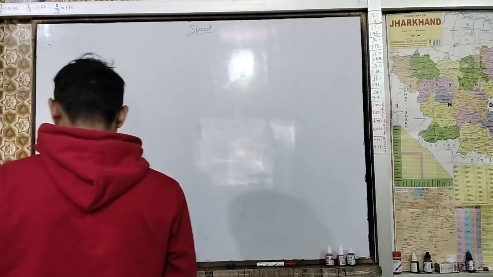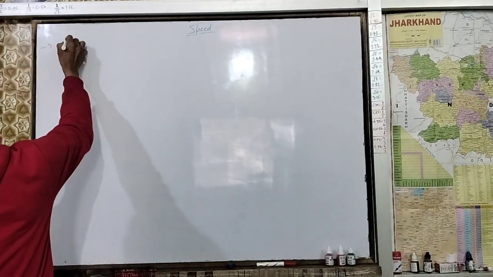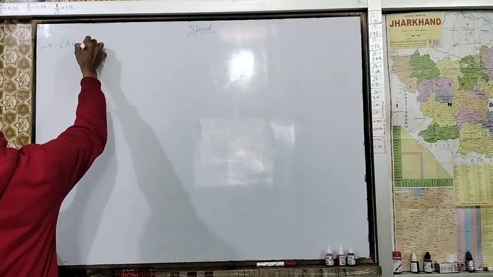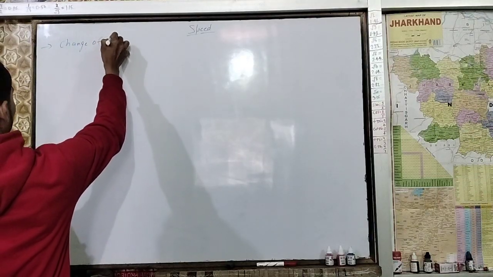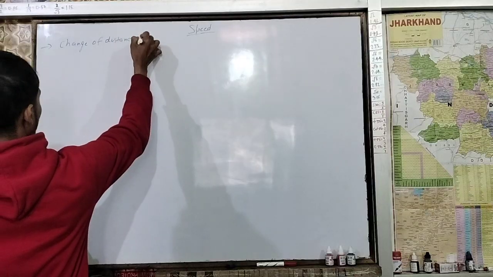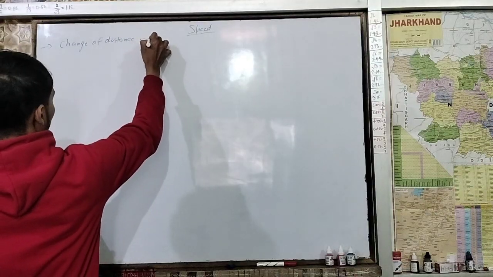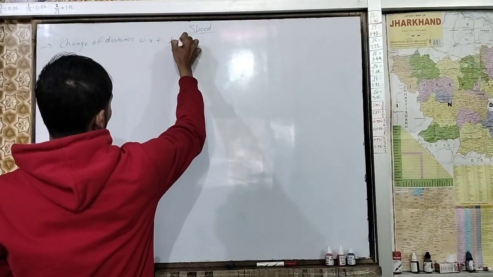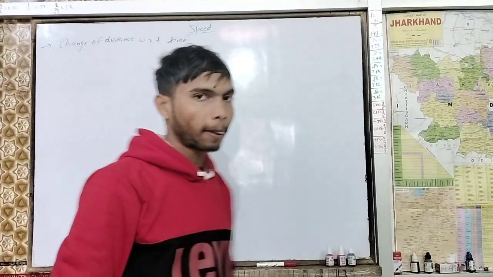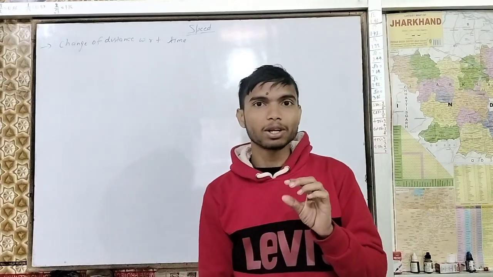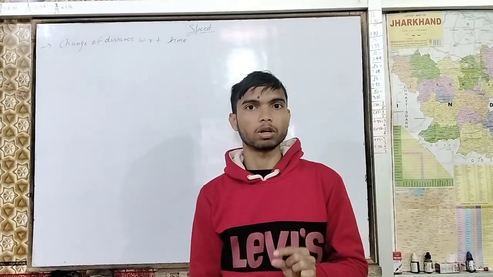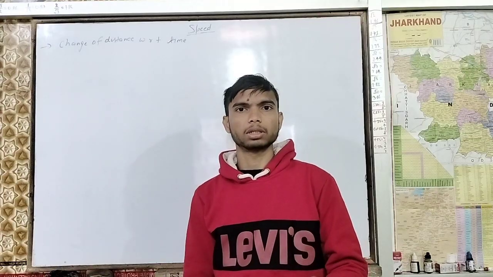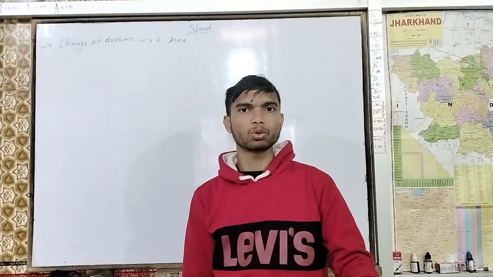So the simple definition of speed is the change of distance with respect to time. WRT is the short form of with respect to. Try to understand: if there is a constant distance, for example 1 kilometer, again 1 kilometer, there is no change.